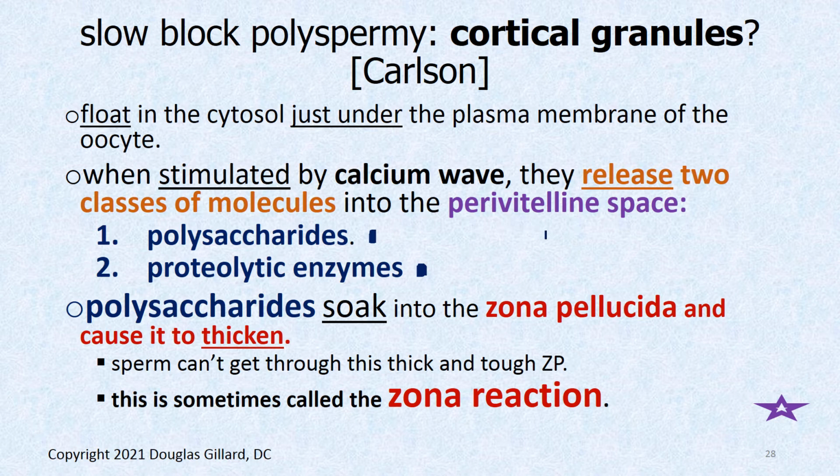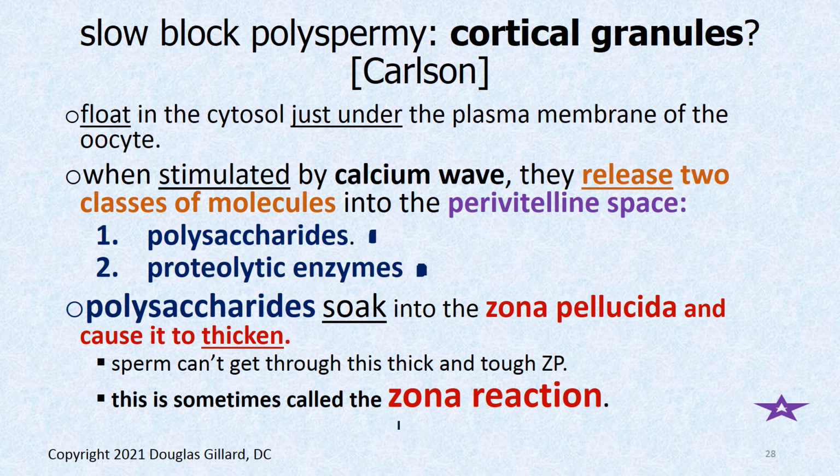So what do these things do? Why does it do that? Polysaccharides will soak into the zona pellucida and cause it to get very stiff. In fact, even the hole where the sperm penetrated will be closed by this reaction. It's so stiff that a second sperm will have great difficulty getting through the zona pellucida because of these polysaccharides.